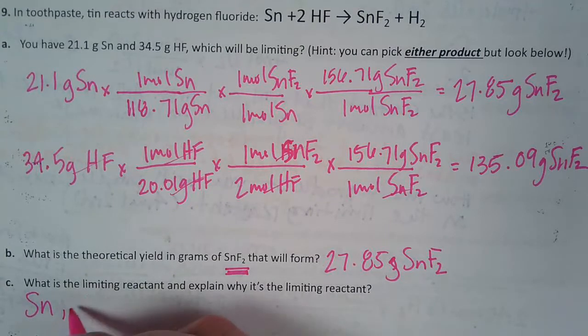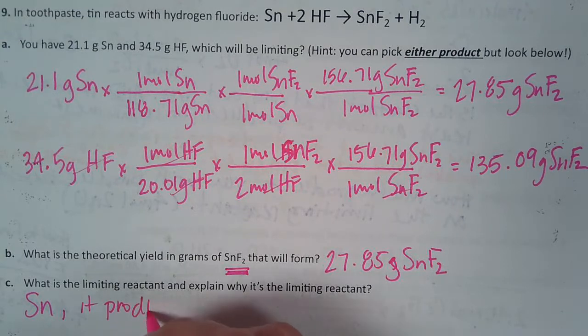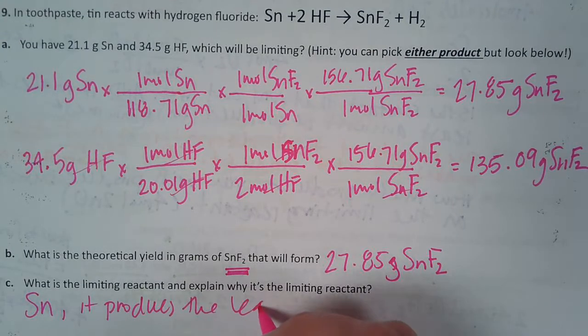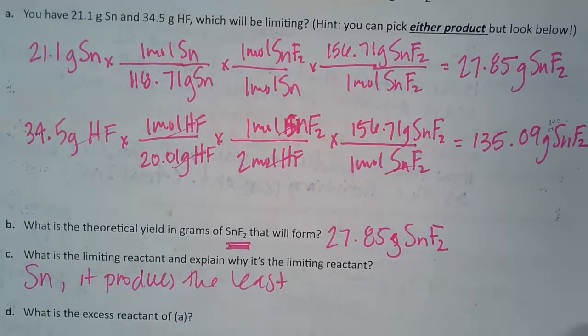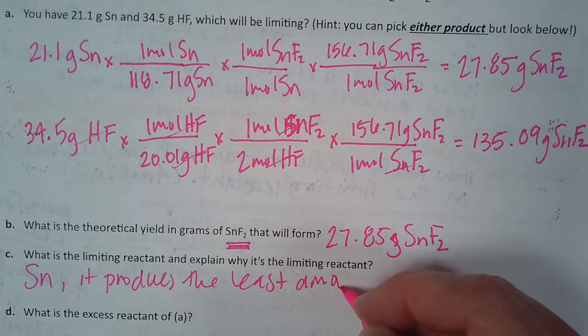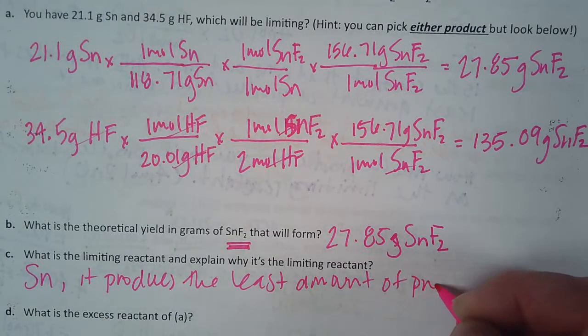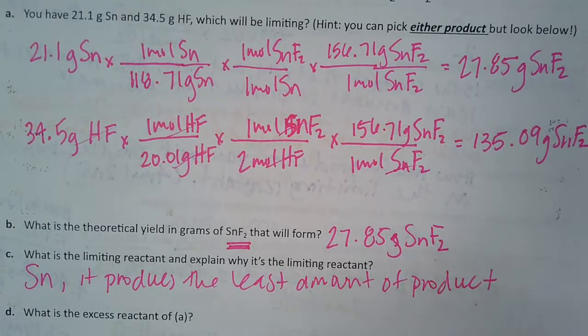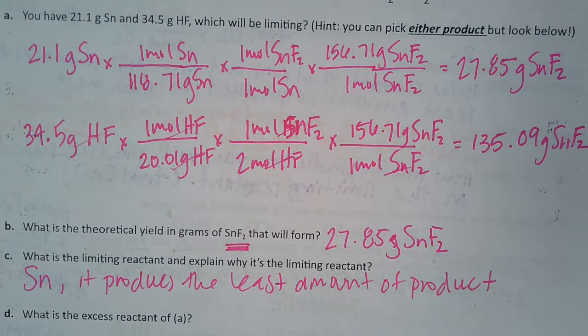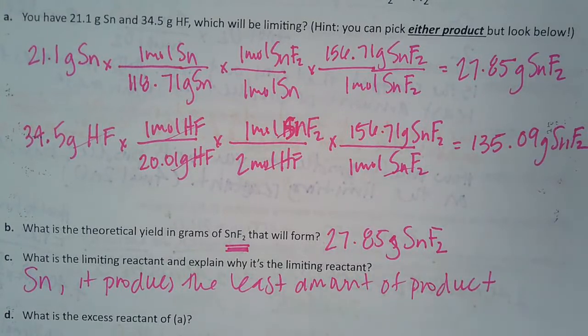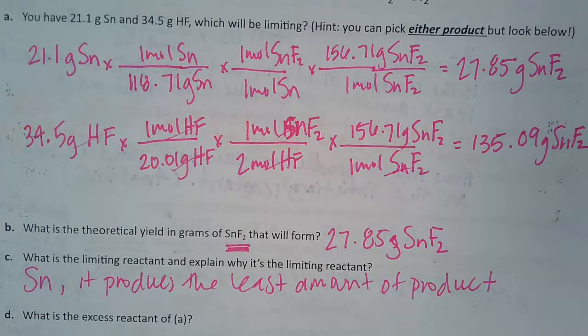You have to put that down. If you just say that it runs out first, that's not going to be the right answer. Because you have to tell me why. Why? Because it produces the least amount of product. What's going to be the excess reactant? HF, yep.